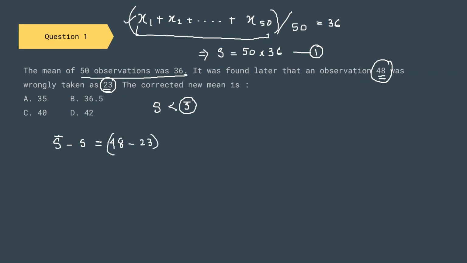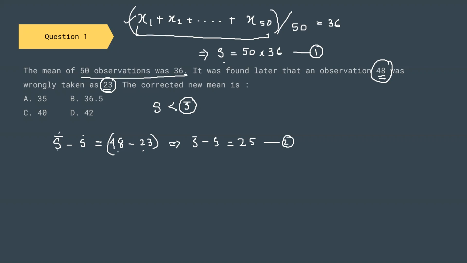Why? Because all the numbers in S and S dash are the same except 48 and 23. So the difference of their sum is going to be the difference between 48 and 23, and that can be simplified to S dash minus S equal to 25. This is our equation number 2.